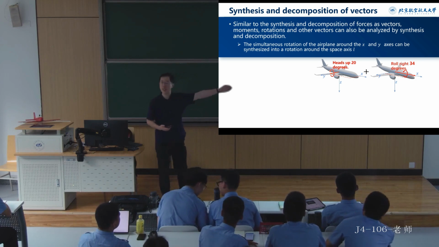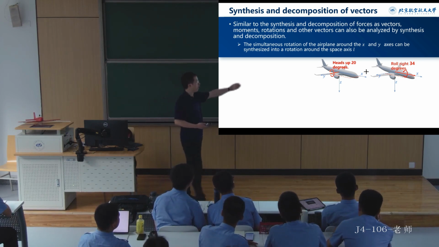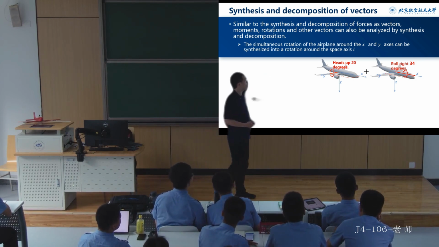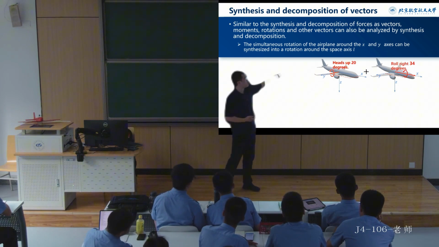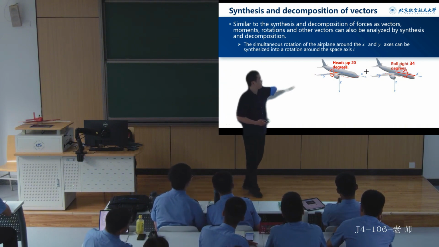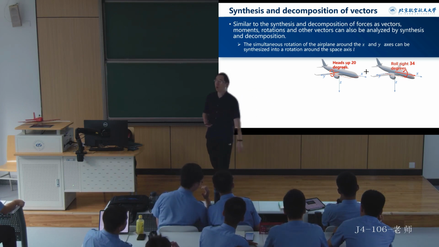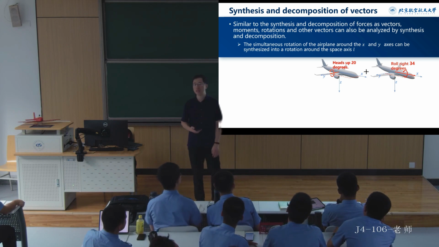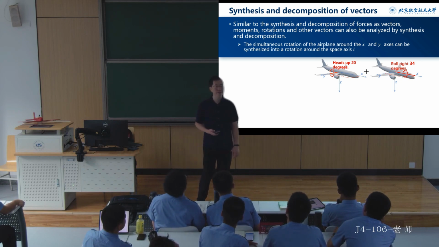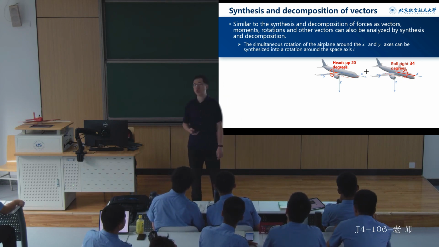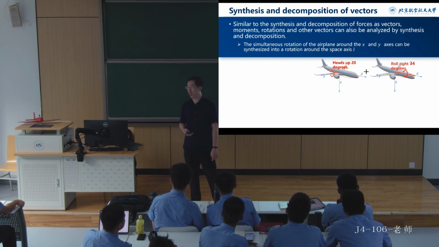For example, let's consider the motion of an airplane, which rotates around two axes simultaneously, including a 20-degree pitch around the y-axis, and a 34-degree roll to the right around the x-axis. We just discussed whether rotation is a vector, didn't we? It is a vector, so vectors can be combined through vector addition.